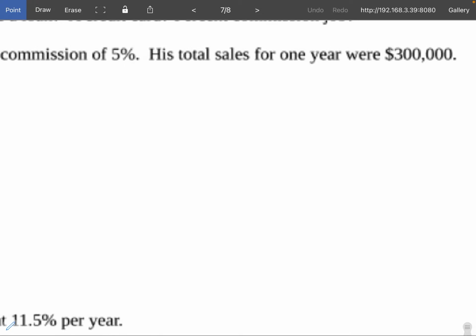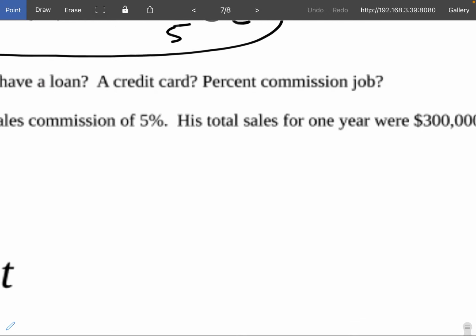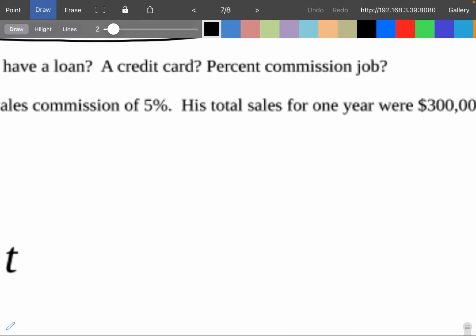So how do we find 5% of 300,000? How could you do that? Well, first of all, all these problems today, you got to change the percent back into a decimal. So what is 5% as a decimal?